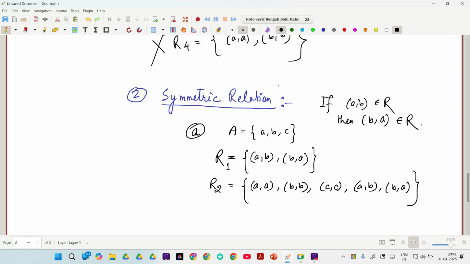It is not necessary that A and B should be different elements. It is not necessary that A should not be equal to B. It may happen that A is equal to B. So according to this definition, tell me whether R1 is symmetric or not.